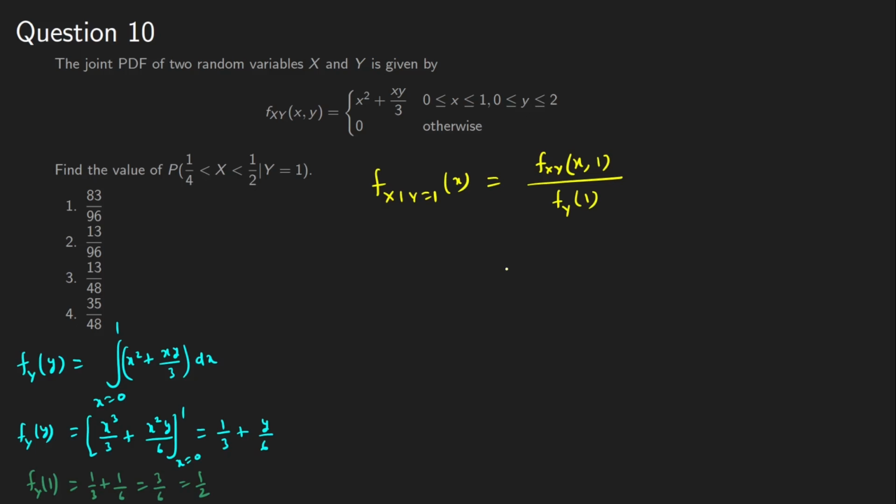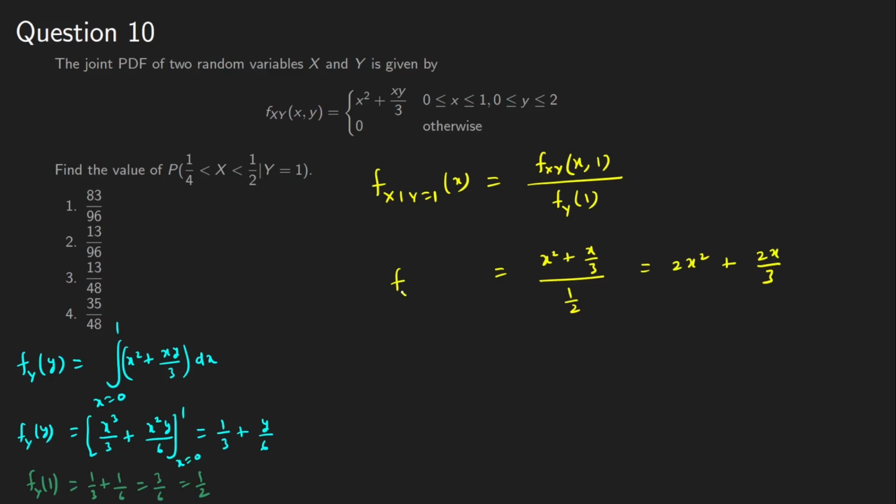Now we can put the values and get the conditional distribution of x given y. We can write it as x squared plus, putting y equals 1, x by 3, divided by the marginal of y at 1, which is 1 by 2. So it will become 2x squared plus 2x by 3.